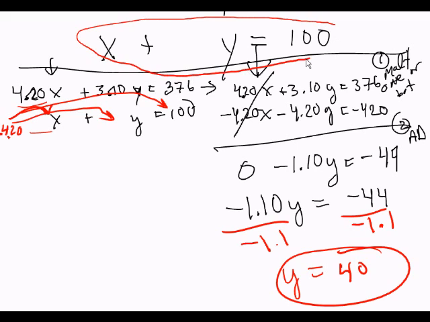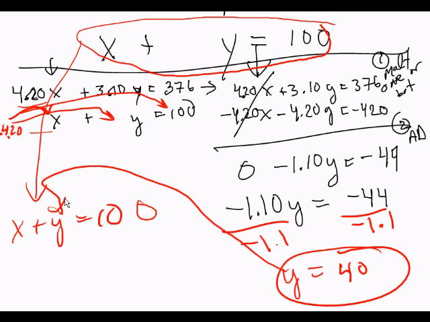Now, I can tell you what x equals right away. Do you see my equation up here? x and y have to add up to 100. If y is 40, what does x equal? Yeah. So you can just say, oh, I can take my original one.